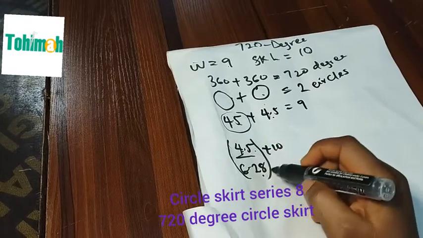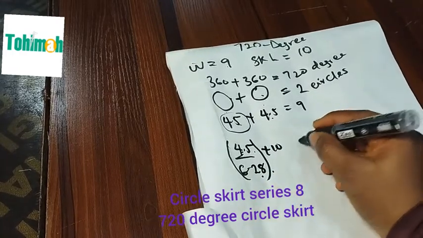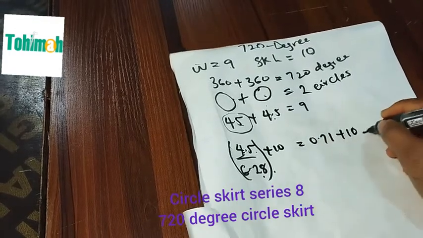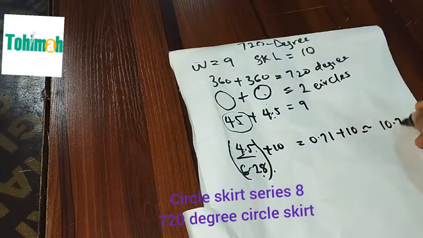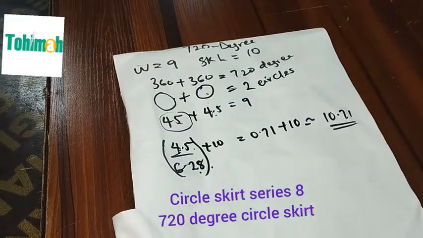So 4.5 divided by 6.28 will give us 0.71. Then 0.71 plus 10 will give us 10.71. So this is what we have. Can you see? That means we need 10.71 in 4 places.